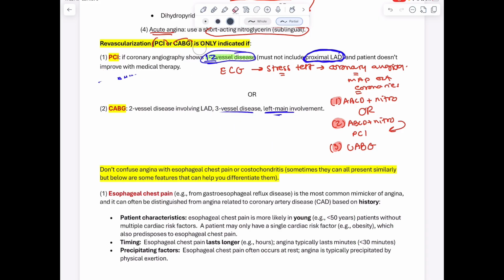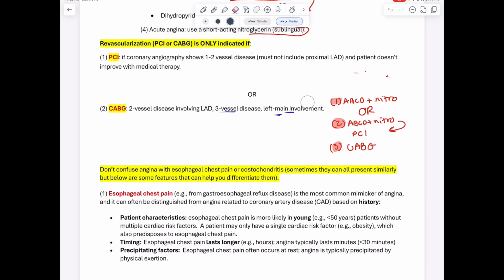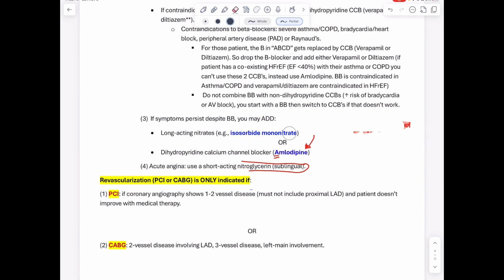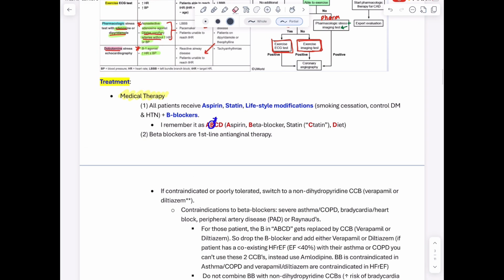So again, to summarize really quick before we move on to the next part, let me just delete everything. We said once you do an ECG, then you do stress, then you do coronary angiography, right?